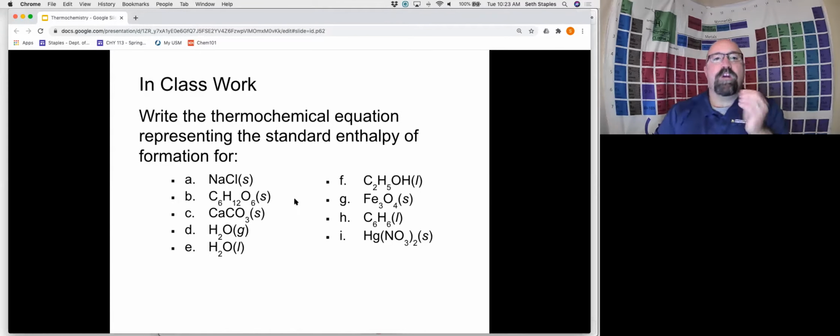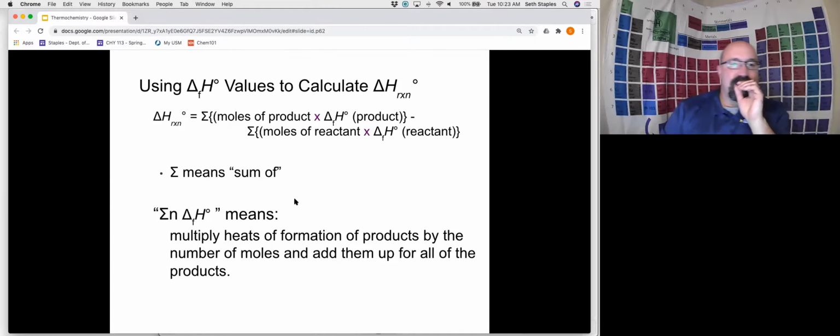Now, the way that we are going to use this is that the delta H of a reaction, the enthalpy of a reaction, is going to equal the sum of, if you haven't seen this symbol yet in science or in math, it's just an uppercase Greek letter sigma. It just means the sum of the enthalpies of the products minus the enthalpies of the reactants.